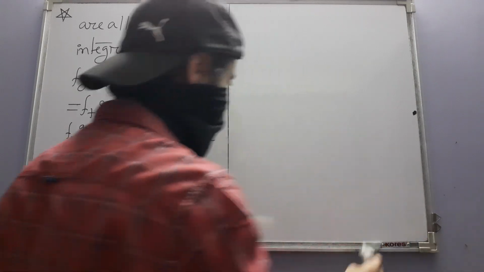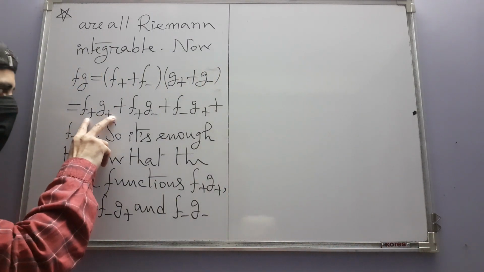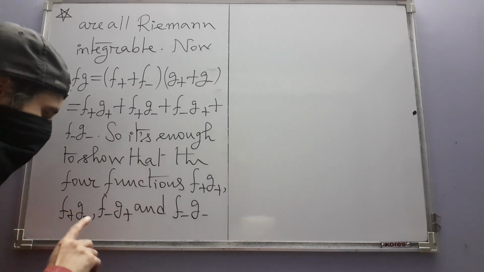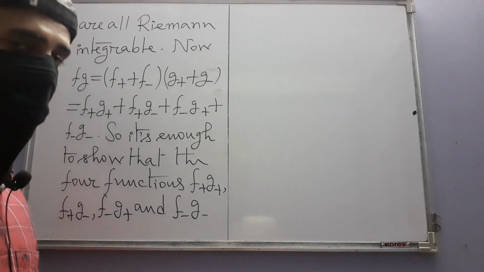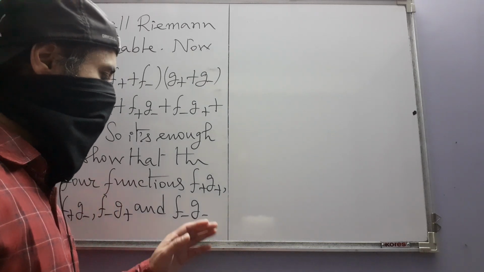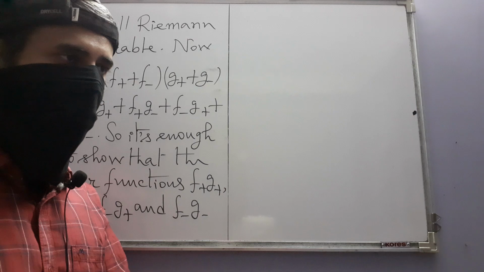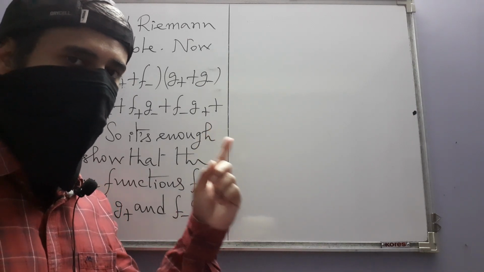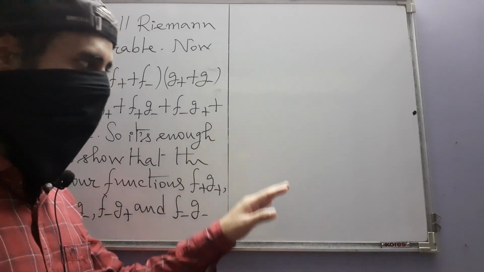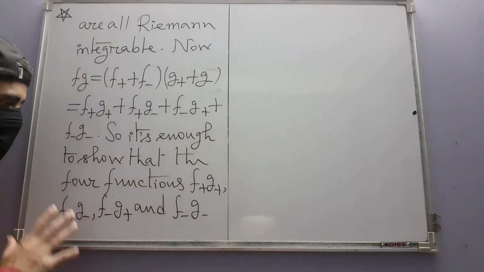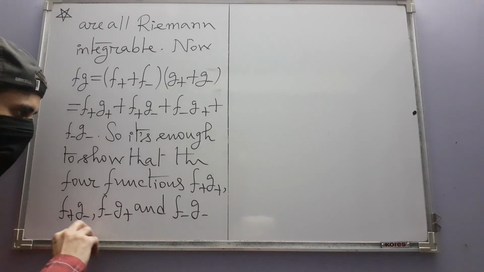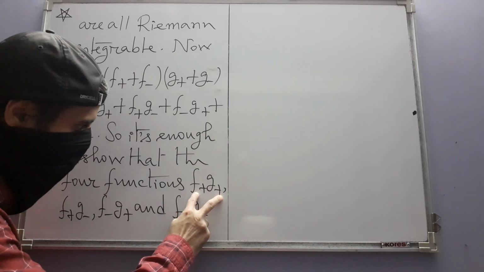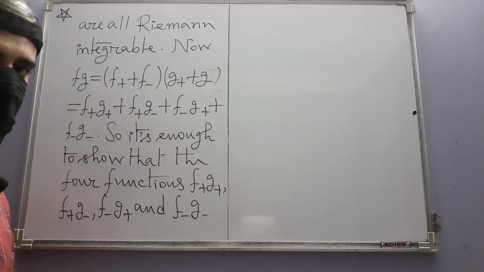That's because the text only proves that f plus g plus is Riemann integrable and simply remarks that the integrability of the other three functions can be similarly shown. And fortunately, we do not have to work for the other functions from scratch. Just like that minimum case, which I remarked can be obtained from the maximum case itself, here also luckily, it follows, if we do some tricks, that integrability of this itself implies that these are also integrable.